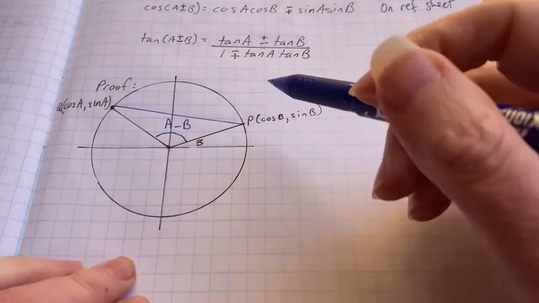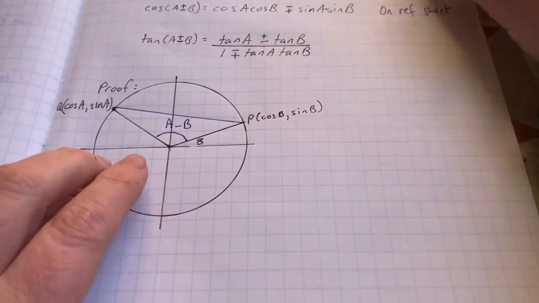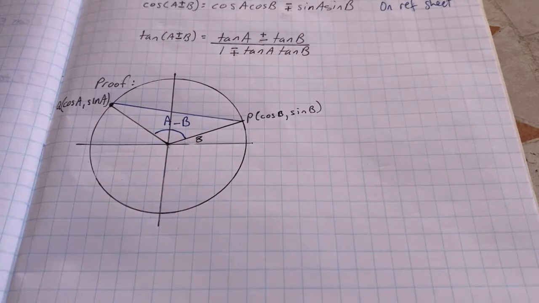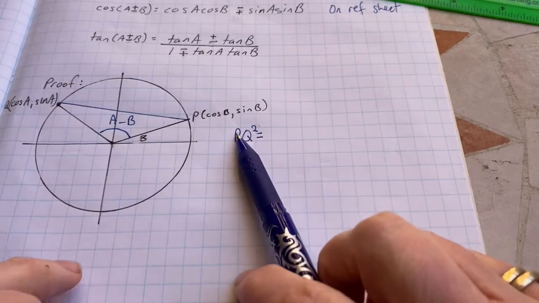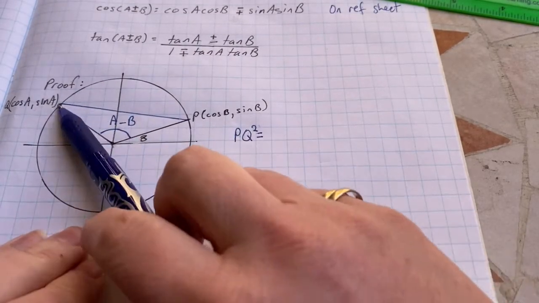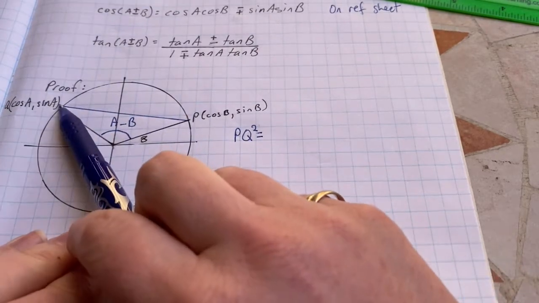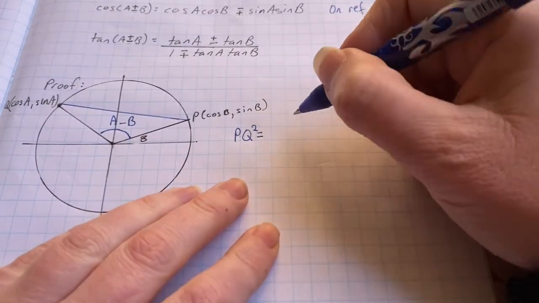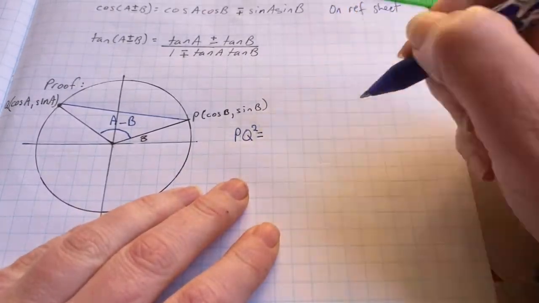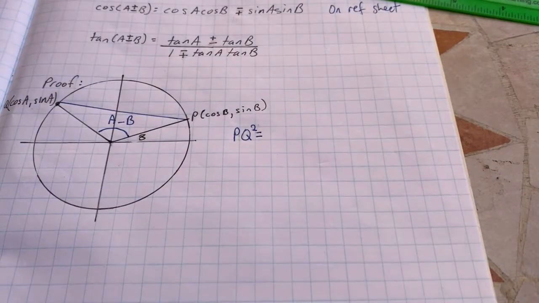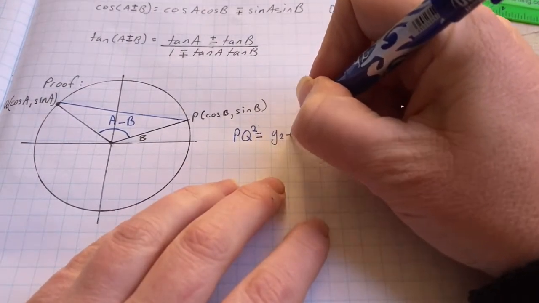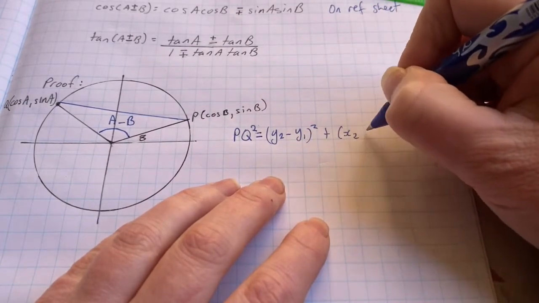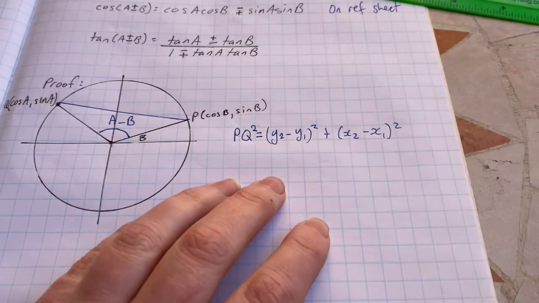Okay, now what we're going to do is have a little look at the distance between here and here. Now I'm going to find actually the distance squared, so PQ squared. So this is point P, this is point Q. The distance between them using the distance formula, we know that PQ squared equals y2 minus y1 squared plus x2 minus x1 squared.